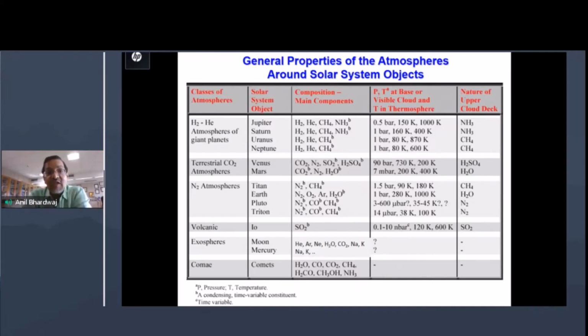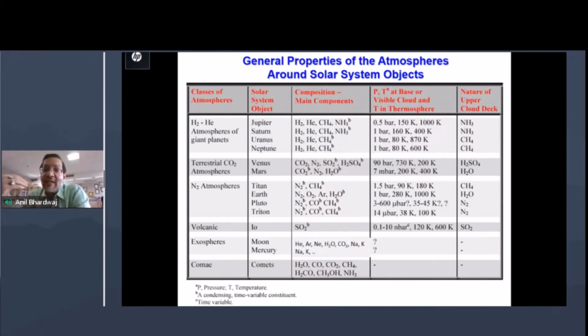Same is the situation with respect to Pluto. Pluto also is nitrogen dominated. But not only this, the other two satellites in our solar system, Titan, which is a satellite of Saturn, and Triton, which is a satellite of Neptune, are nitrogen dominated, like Earth.